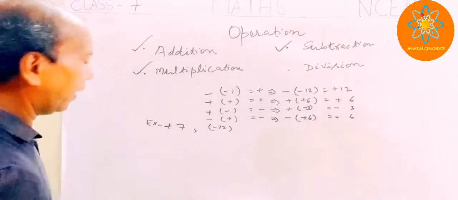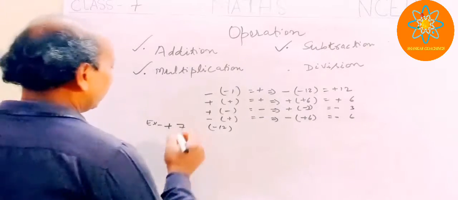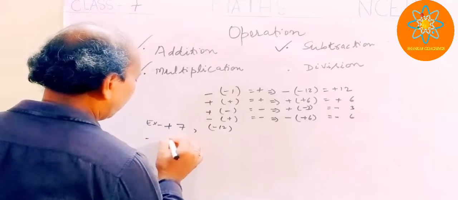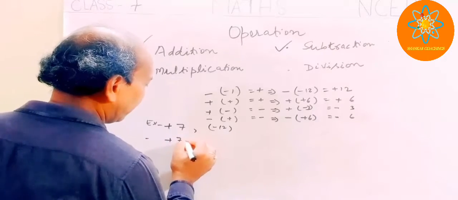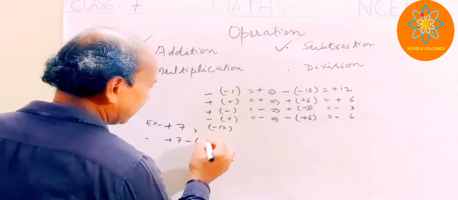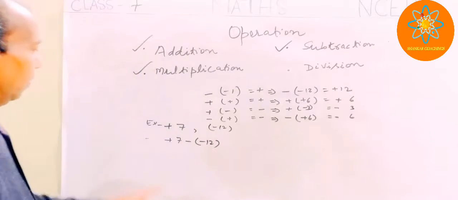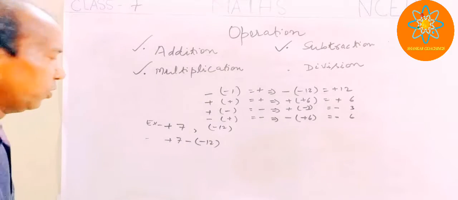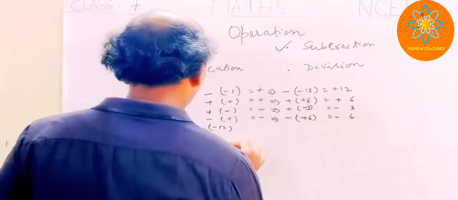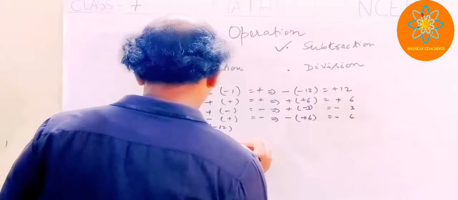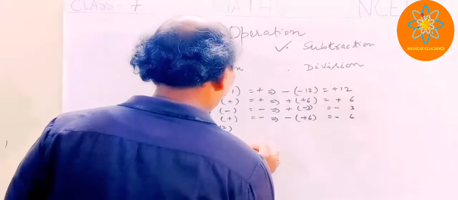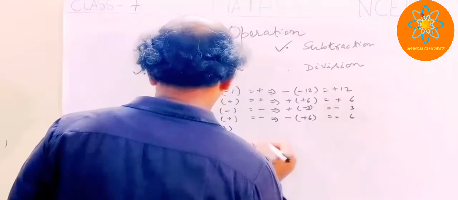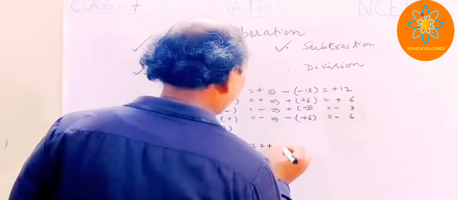So I can write it this way: this is your plus 7, subtracting, so it is minus 12. Now from the multiplication theory, negative and negative is positive. So obviously you will get 7 plus 12, that is plus 19.